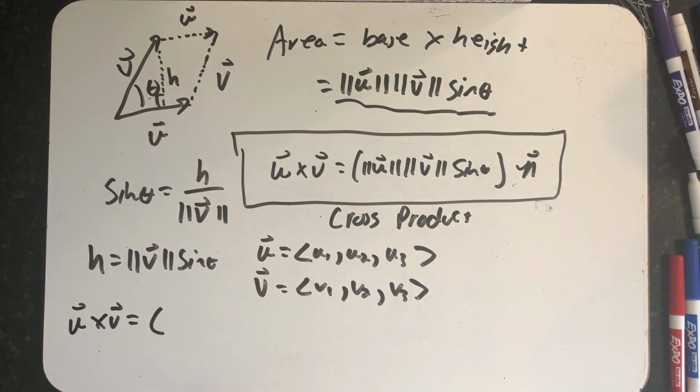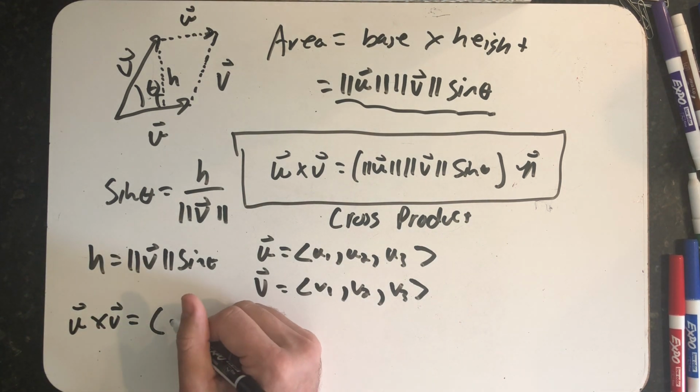Some of you might have even seen this in a physics class when you talked about torque, because later on we'll actually use the cross product to calculate torque. And you might have seen that formula look something like this.